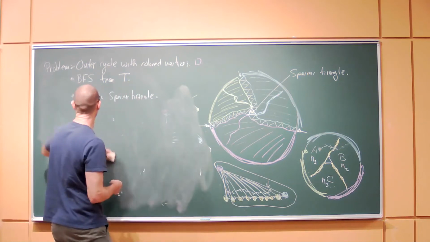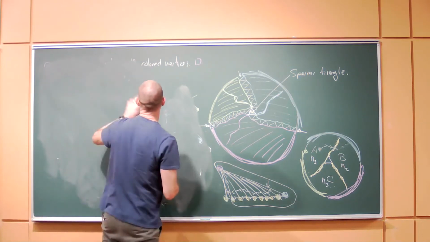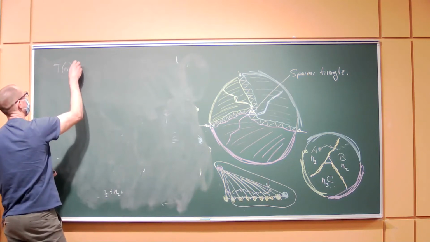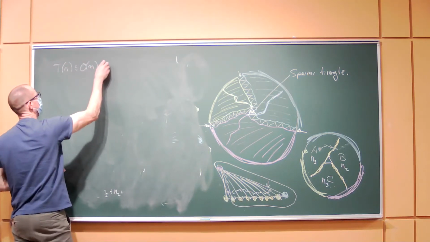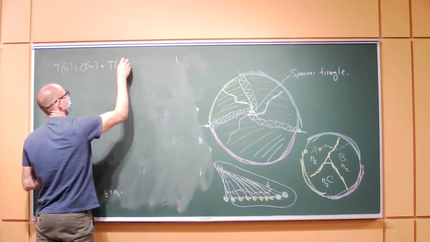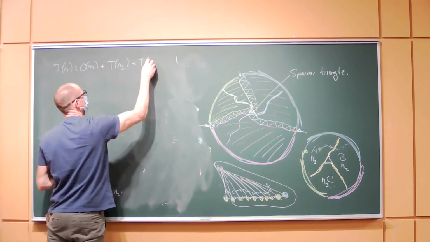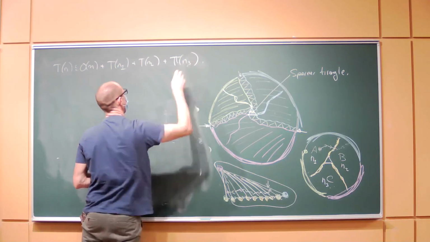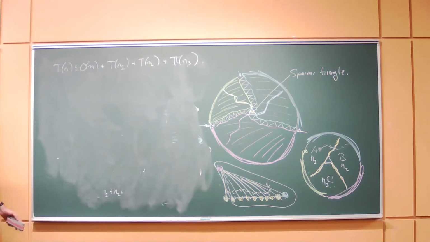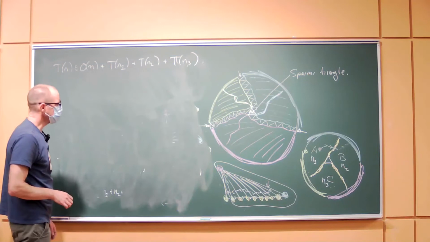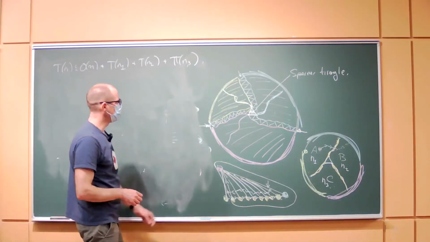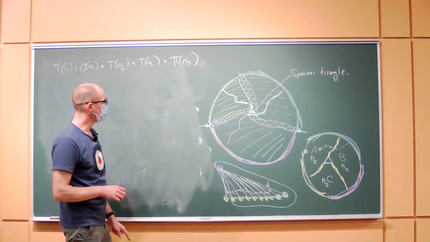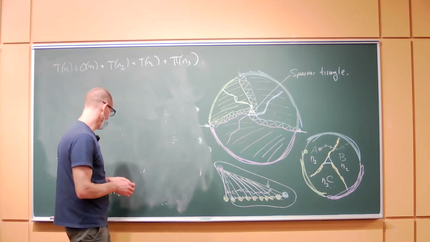So we had T of n is O of n plus T of n1 plus T of n2 plus T of n3. And what are n1, n2, and n3 here?